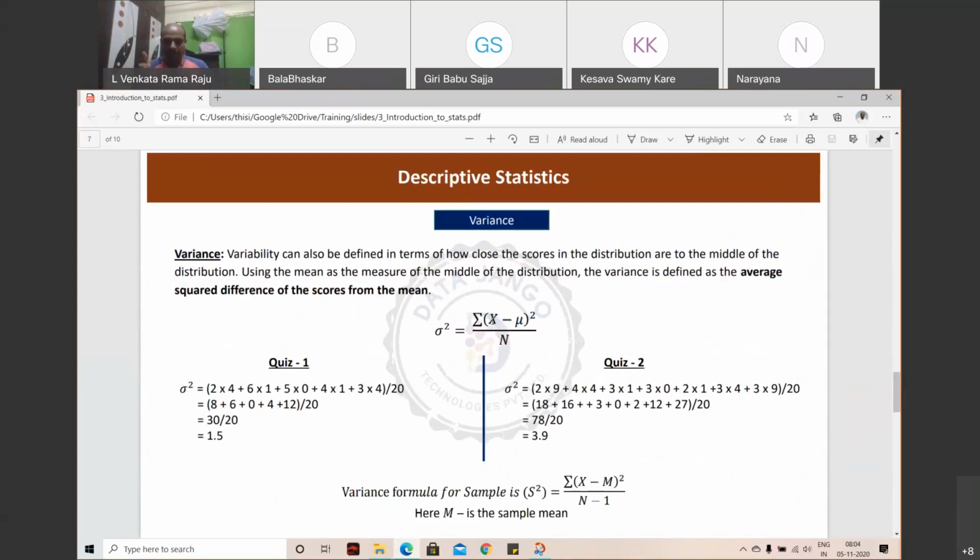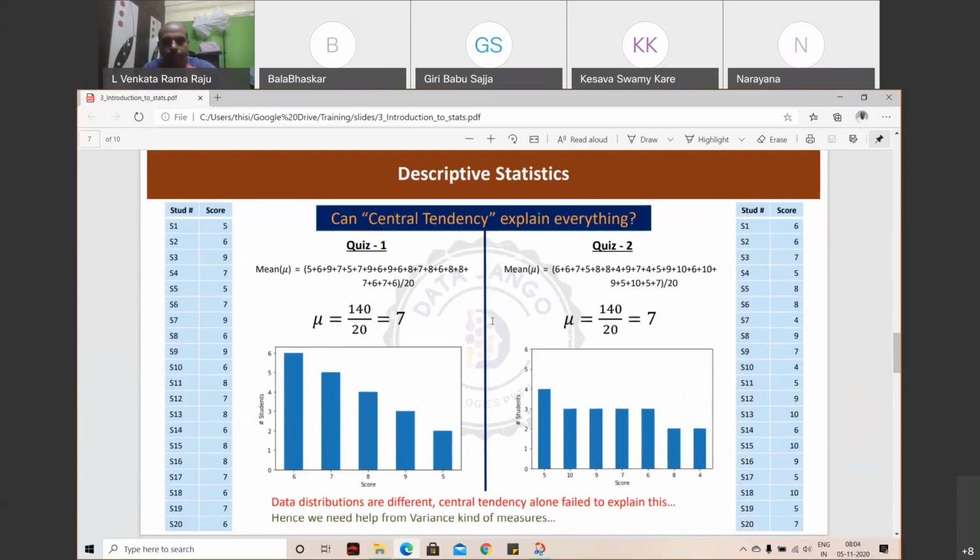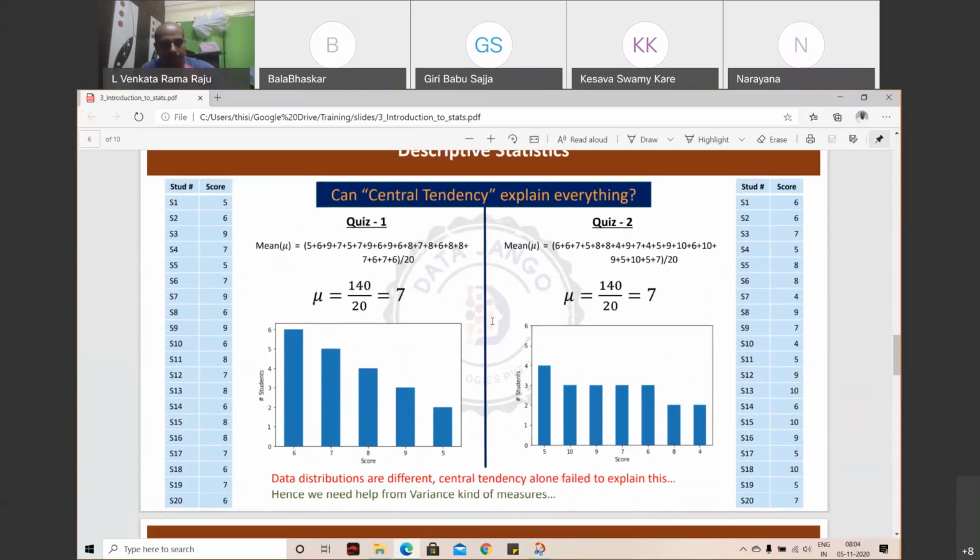I said the mean is going to be the landmark, and then we are trying to measure the distance between the data points and the mean.